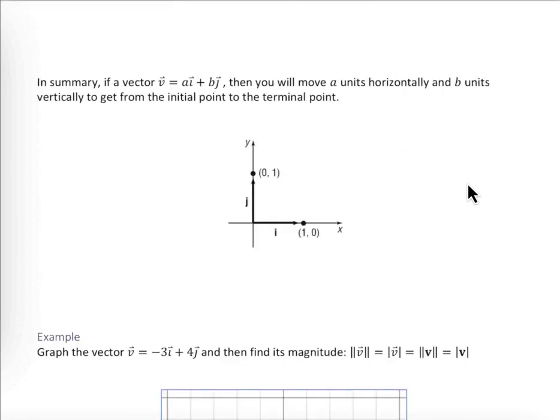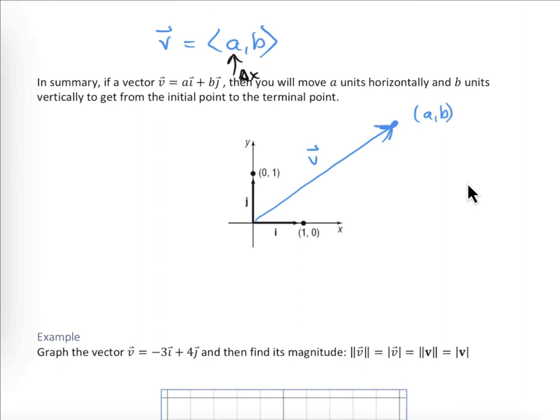And so in summary, let's say vector v has the components a, b. And let's say that a is my horizontal component. It represents the change in x from the initial point to the terminal point. And we'll say that my vector terminates somewhere way out here. So here is our vector v that has the components a and b.